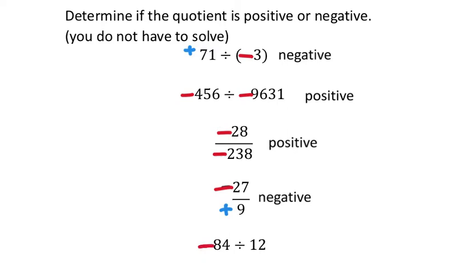We got a negative 84 and a positive 12. Negative and a positive, they are opposites, which would make the answer a negative. And now that we know that the answers are either positive or negative, just like we would with multiplication, we would proceed with the operation.